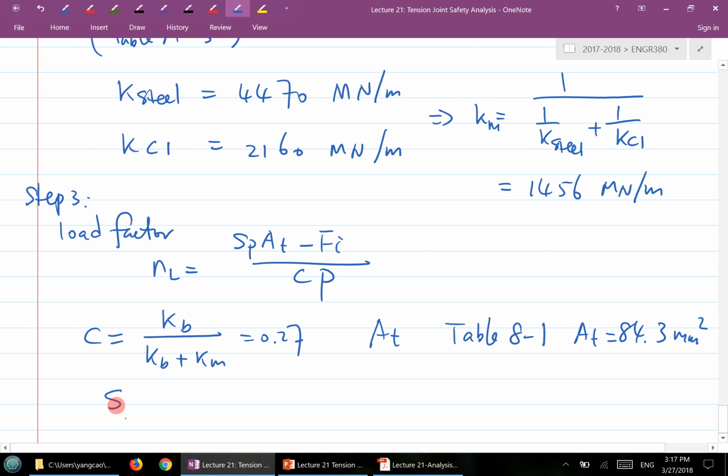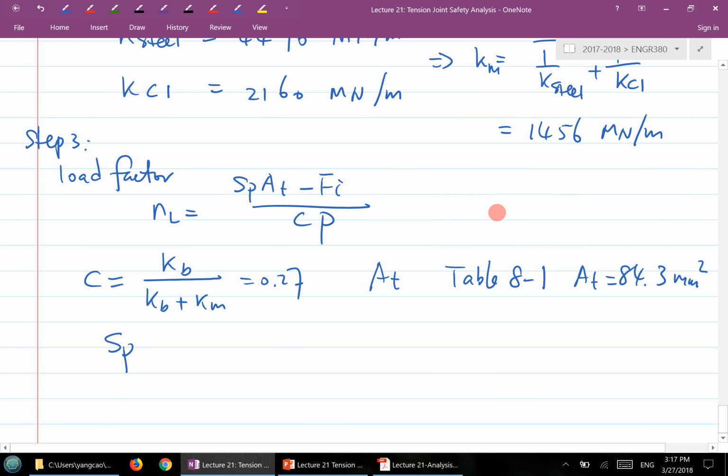And Sp is the proof strength. That comes from the ISO 5.8 information, grade 5.8, so you need table 8-11. You get Sp equal to 380 megapascal.